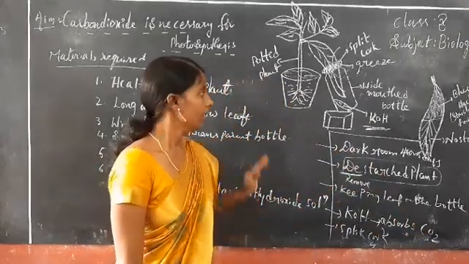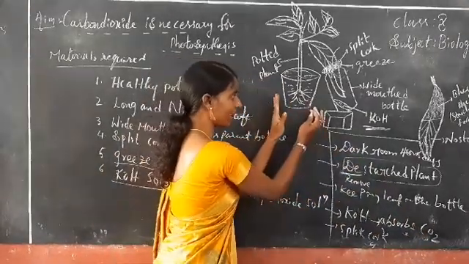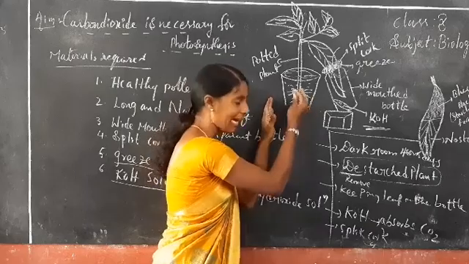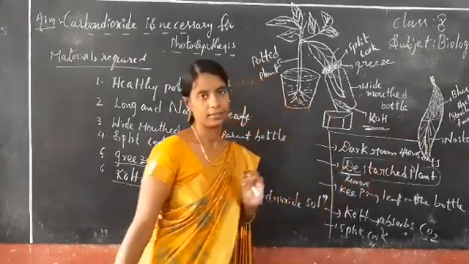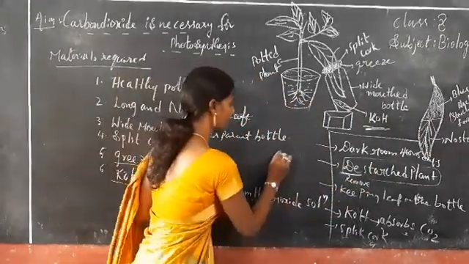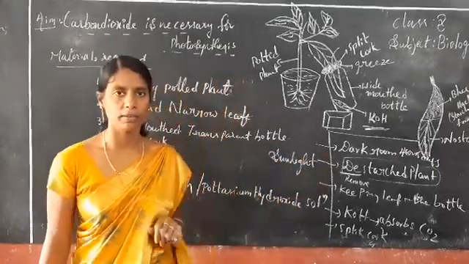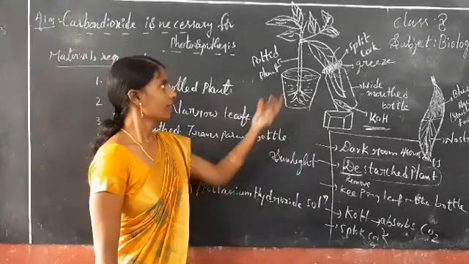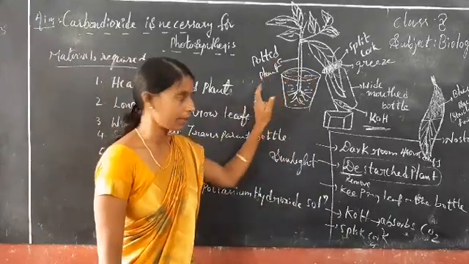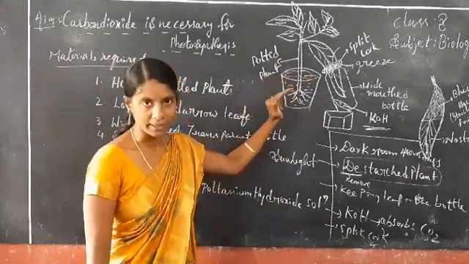Clear, all of you? And now the total apparatus that you prepared, keep it in the sunlight for 2 to 3 hours or 3 to 4 hours, so that the sunlight is focused on the total equipment.